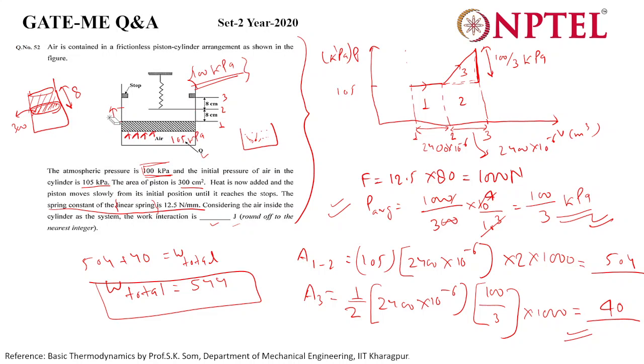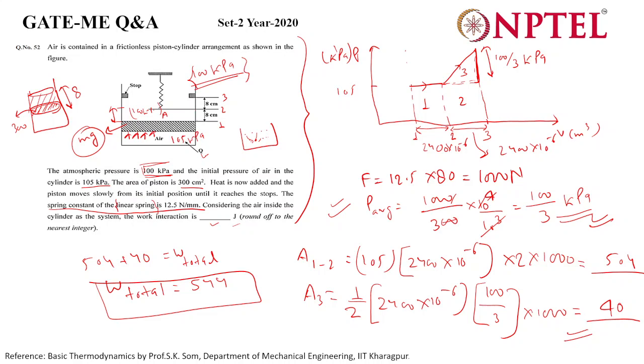Initially, the piston also has some mass, let's suppose, so it will have some mg. And the external pressure of 100 kilopascal multiplied by this area gives some force, right? So 100 times area plus mg, and from the downside 105 times area, would be balanced initially.